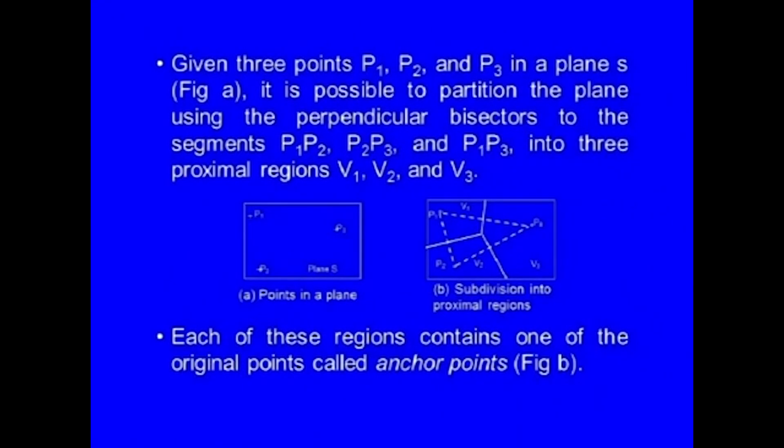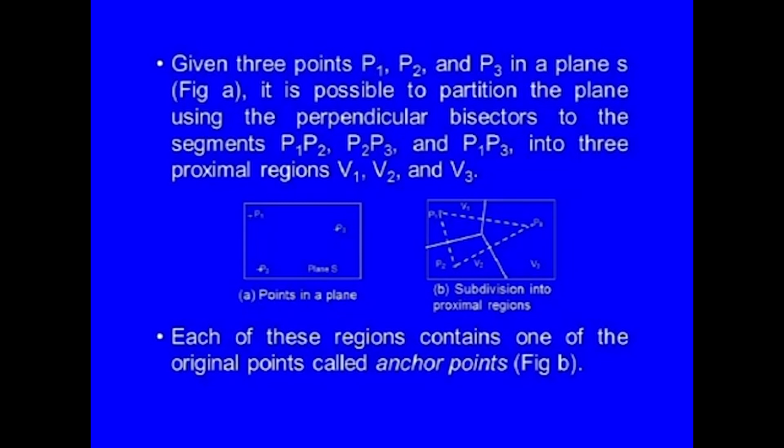Supposing we are given 3 points P1, P2, P3 in a plane S as depicted in figure A. It is possible to partition the plane using perpendicular bisectors to the segments P1P2, P2P3 and P1P3 into 3 proximal regions designated as V1, V2 and V3.